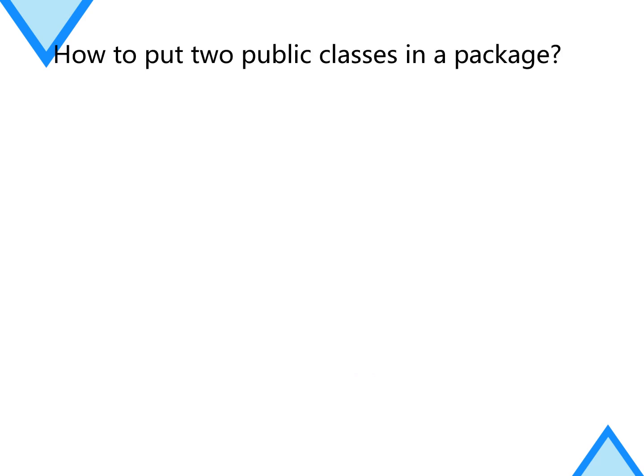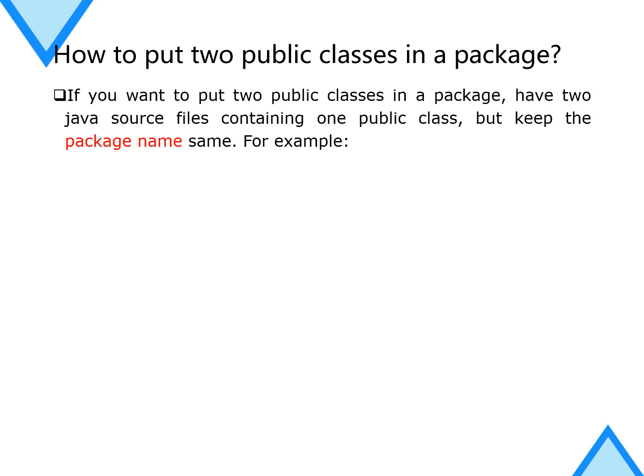How to put two public classes in a package? The answer is very similar. If you want to put two public classes in a package, you need to create two Java source files, each containing one public class. But the most important thing to note is that you must keep the package name the same across the two files or the two classes.